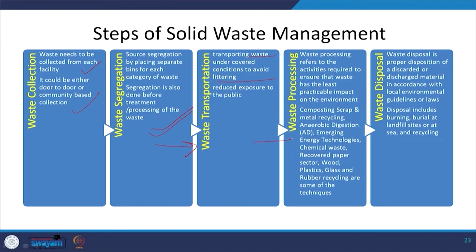Through transportation, we will be sending it to the processing units where different types of waste will be treated and processed differently. Recyclables will be going to specific industrial units where they will be recycled.